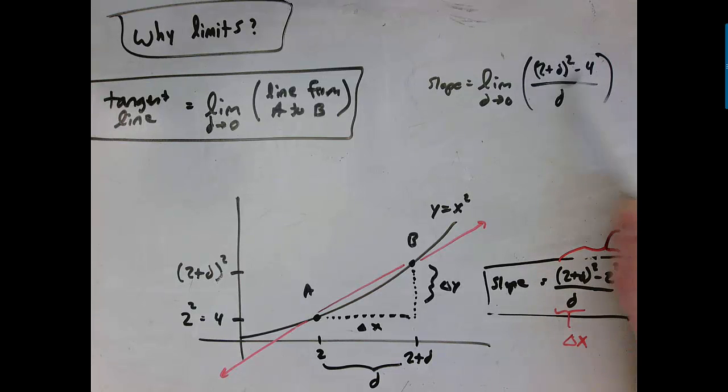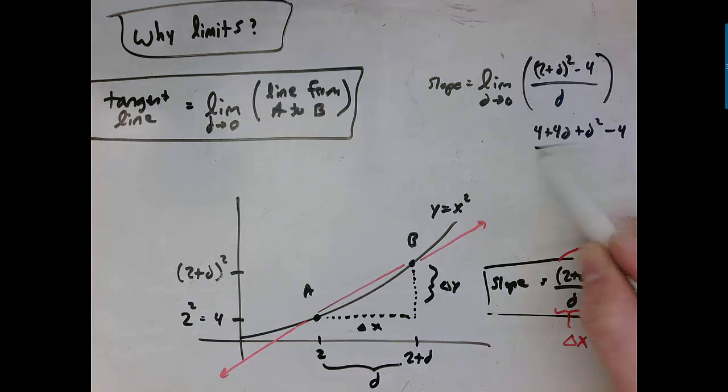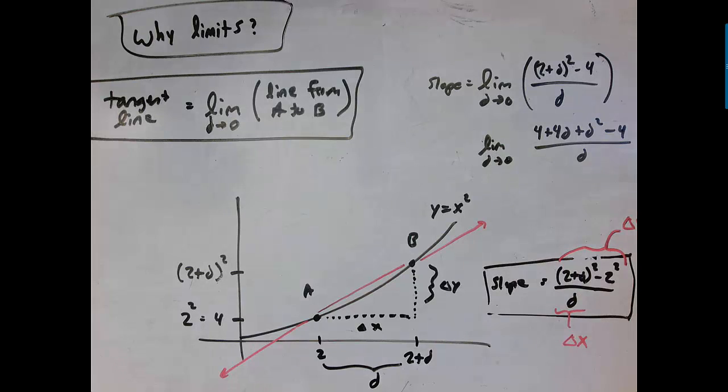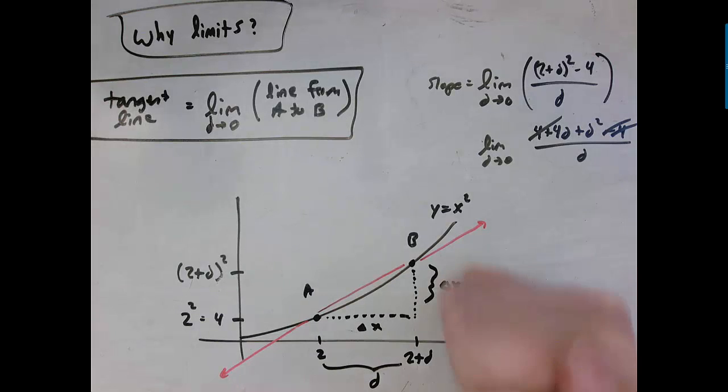Let's expand the numerator here as 4 plus 4d plus d squared minus 4. And this is still inside our limit. So now I've got 4 minus 4, so those add to be 0. I've got a d in both terms here, so that means I can now factor out a d.